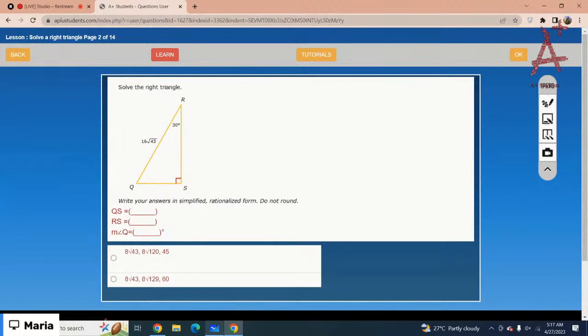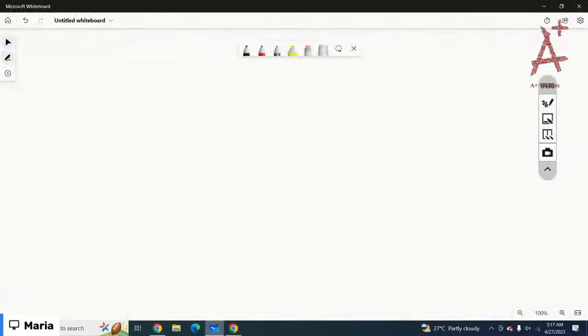So let's just see. When you see the 90, 60 special triangle, here is 90 degrees, this one is 30 degrees, and this one is 60. Got it?